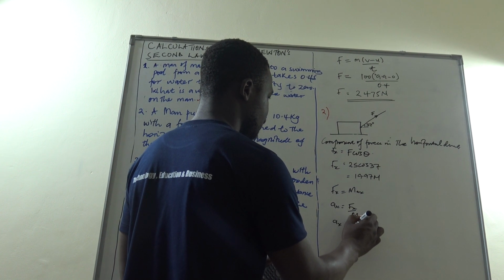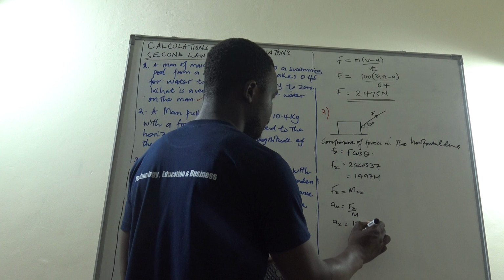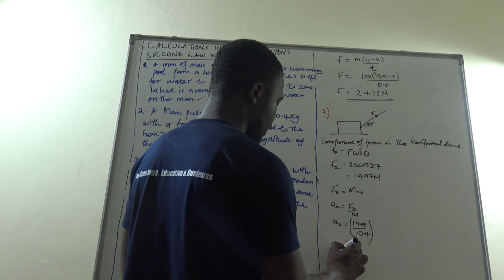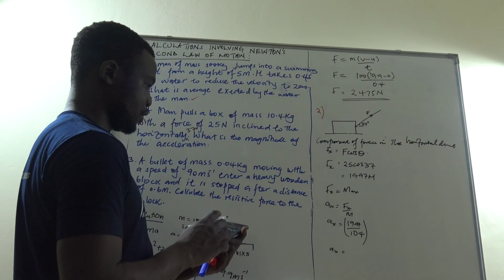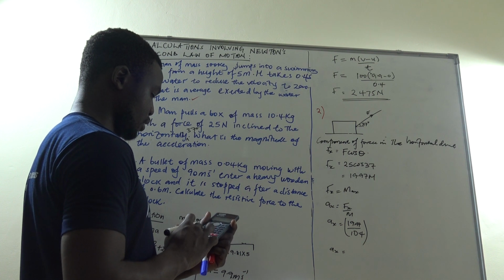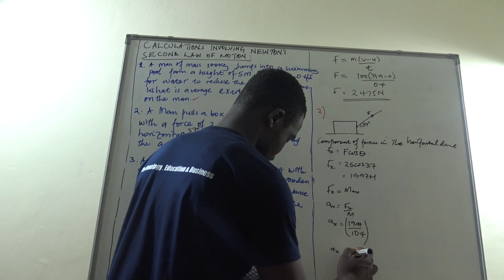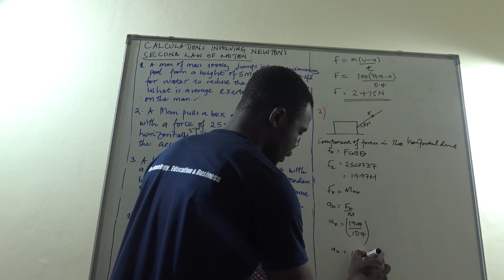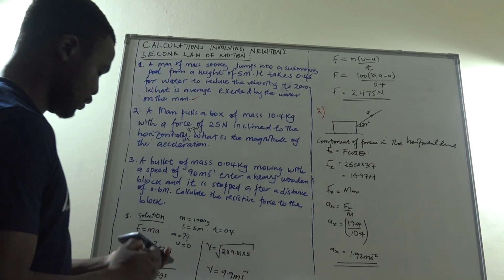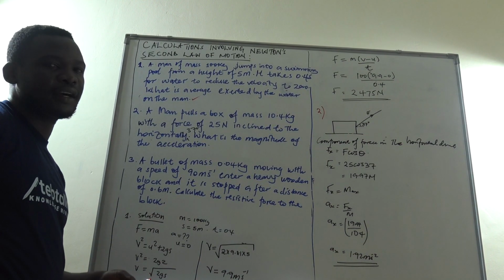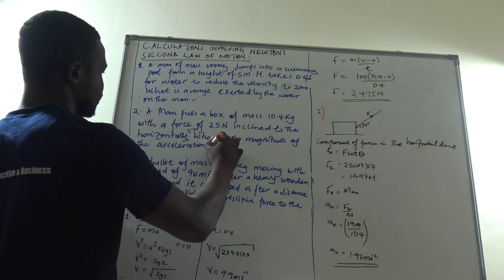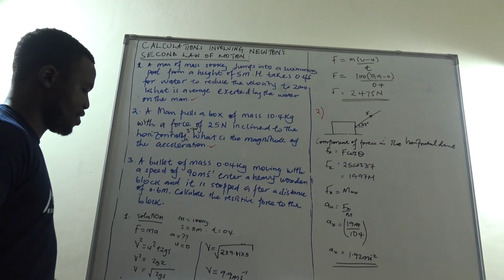So this will be 19.97 divided by the mass of the body, which was 10.0, which gives me an acceleration of 1.99 meters per second squared. So we have also successfully answered question number 2.